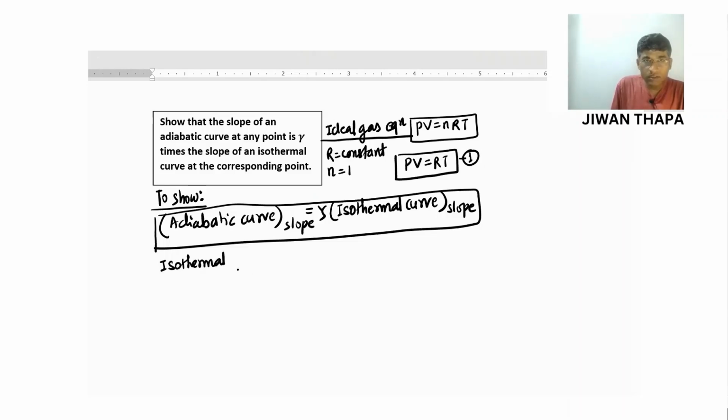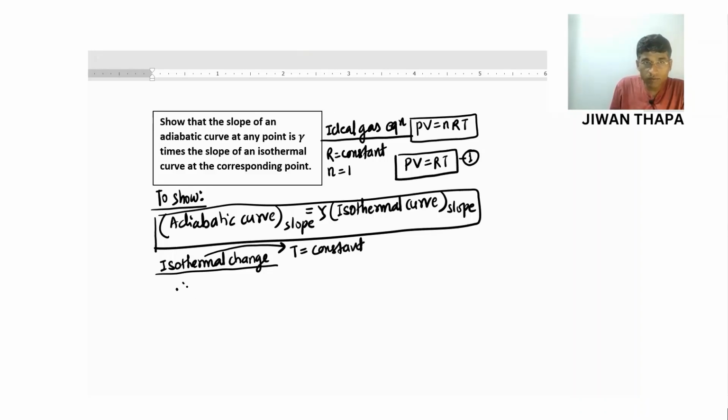Now let us first discuss isothermal change, okay? So we are going to find first the slope of isothermal curve, and we know for isothermal process, temperature is constant.